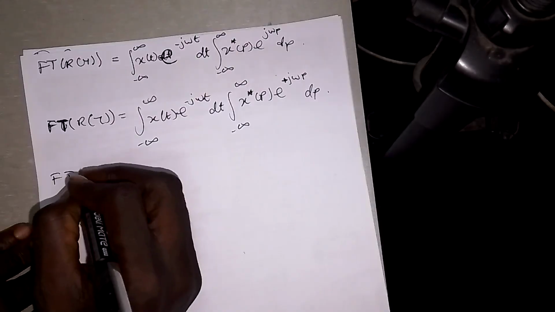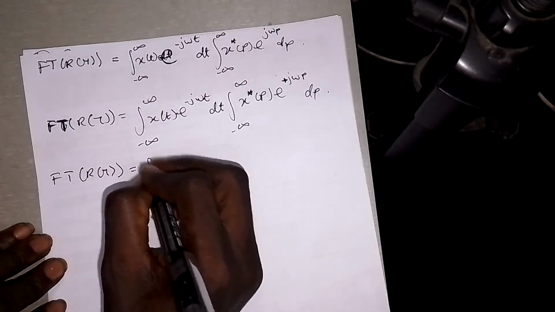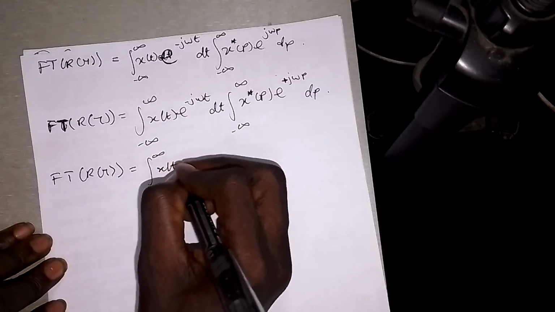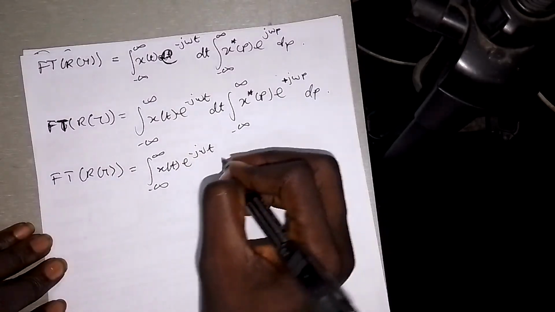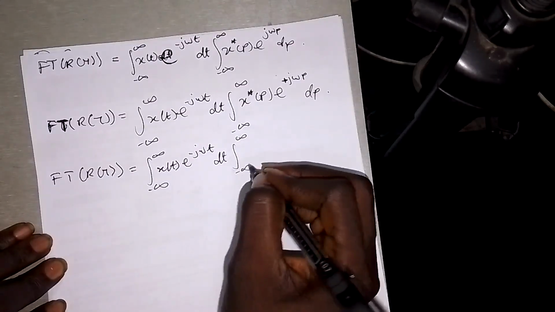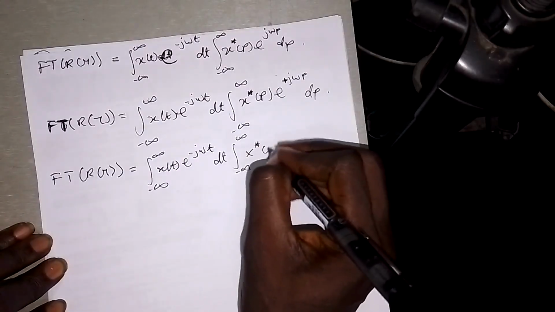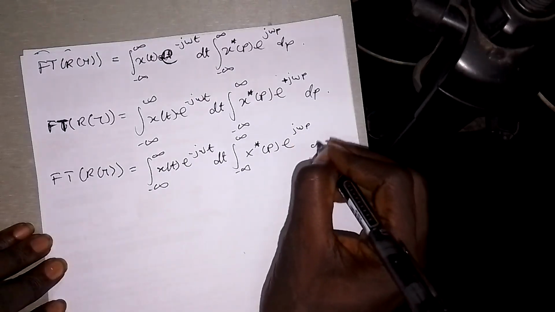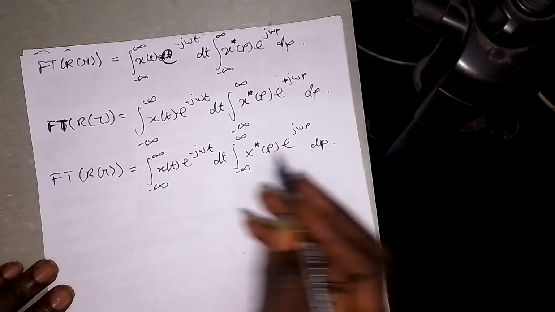So the Fourier transform of R(tau) is equal to this, which is x(t) e^(-jωt) dt, times minus this, x(p) e^(jωp) dp. Now, let me bring the complex conjugate outside.